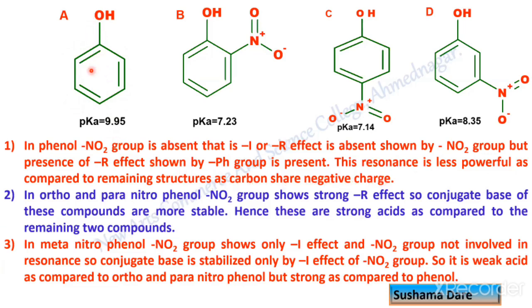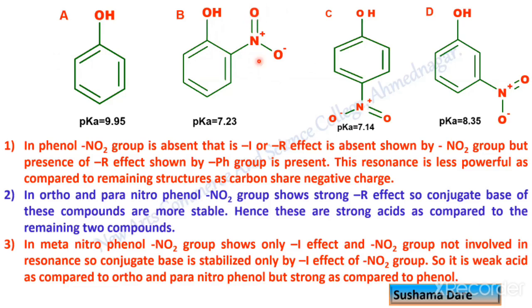So if you draw the resonating structure for this, you get a phenoxide, and after the resonating structure, the carbon carries the negative charge here. But after the dissociation of H plus ion in orthonitrophenol and paranitrophenol, the negative charge after delocalization will be on oxygen.